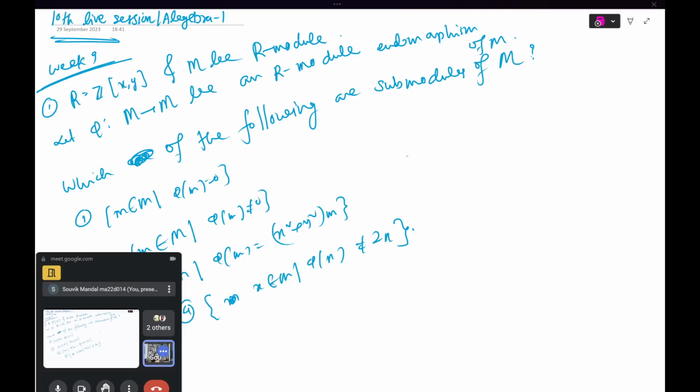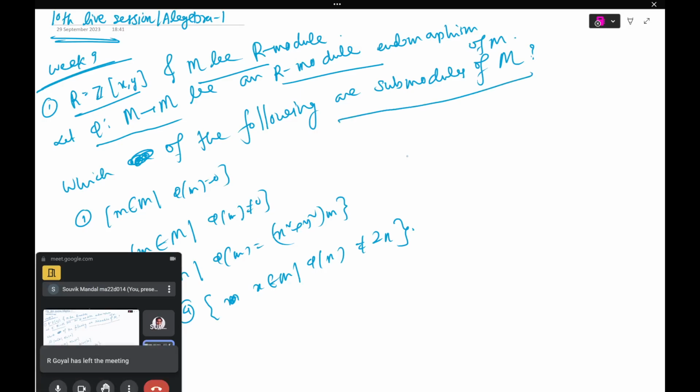R is given to be Z[x,y], a polynomial ring in two variables, and M is given to be an R-module, and phi: M to M is an R-module endomorphism, basically a homomorphism. Now the question is, which one of the following four options is a submodule of M? That's what we need to check. Do you understand what we need to check?